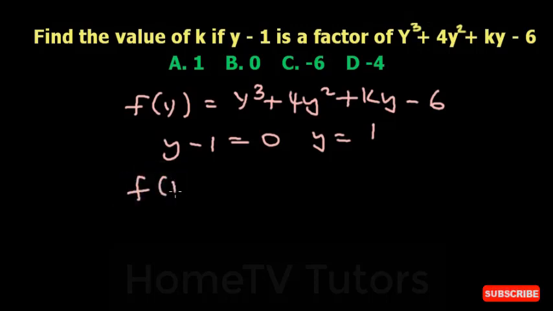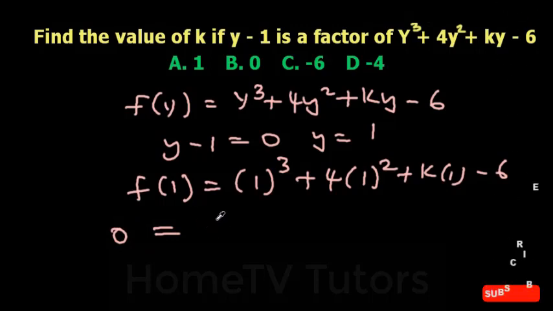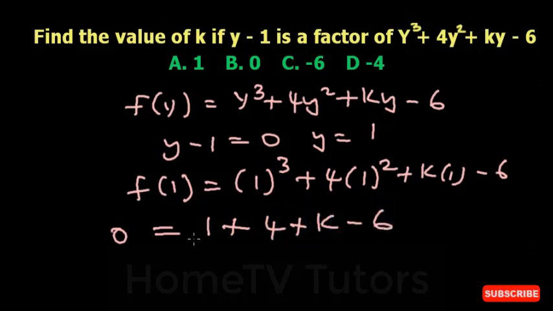in the equation. Okay, so we have bracket 1 raised to power 3 plus 4 bracket 1 raised to power 2 plus k bracket 1 minus 6. We then have 0 equals 1 plus 4 plus k minus 6.